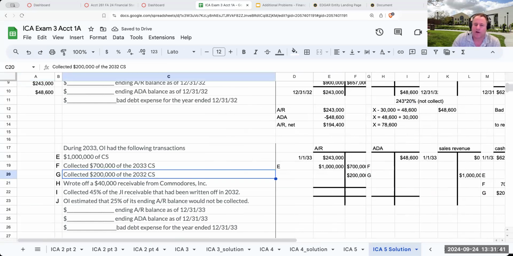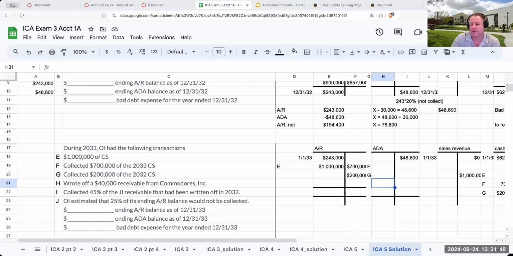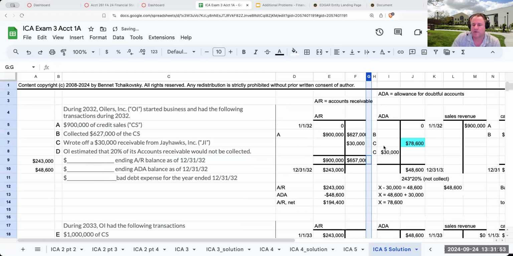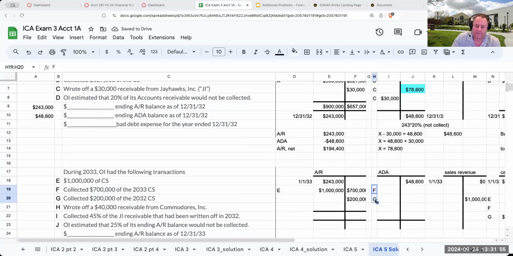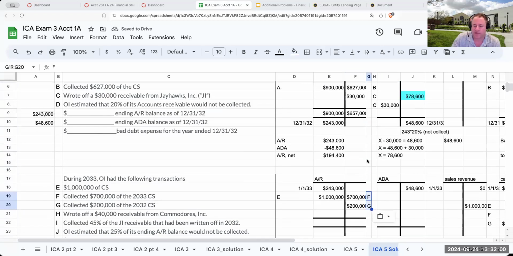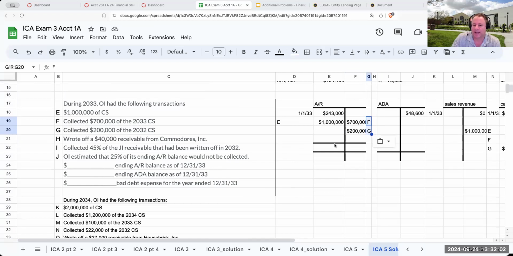Now, I wrote off a $40,000 receivable from Commodores. The good thing about what we're going through here is that very much the same types of transactions are going to repeat themselves. When I write off a receivable, I'm going to credit accounts receivable, because I am writing this off.